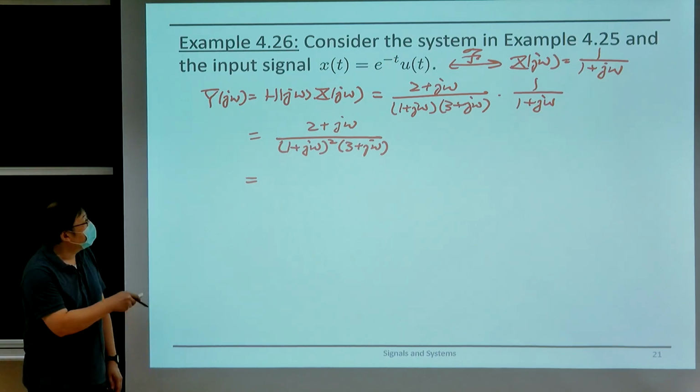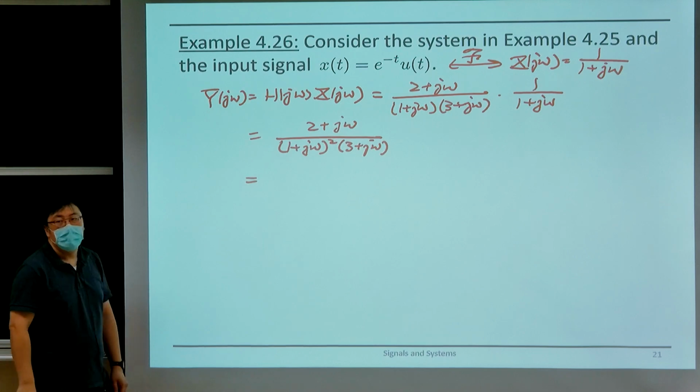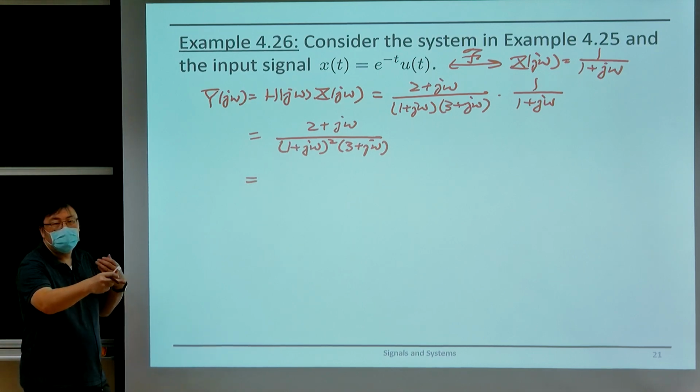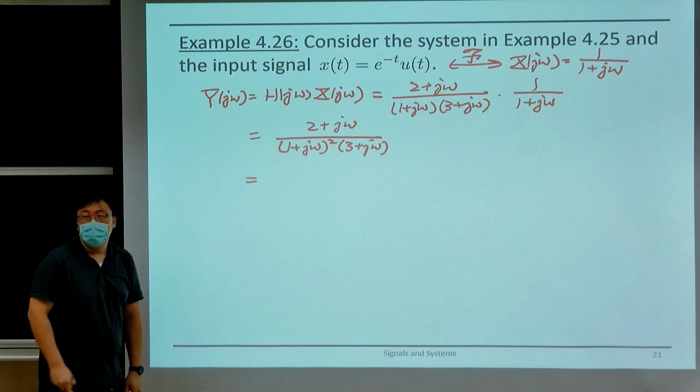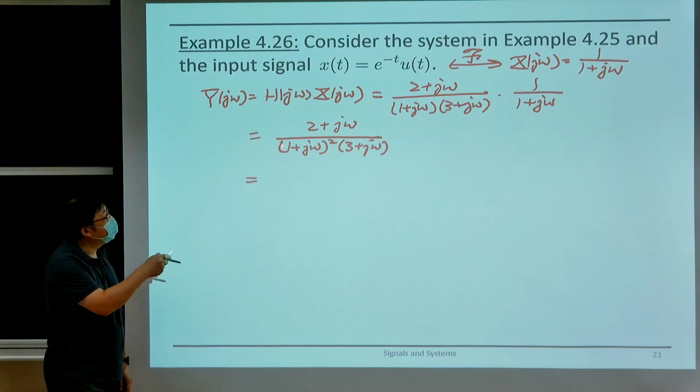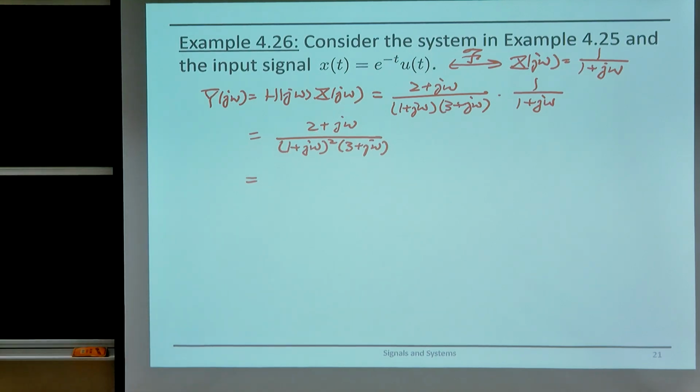Now, when you have a higher order term here, you need to split them into multiple terms, including all the lower order terms of this part. So this will now give you 3 terms. One is A1 over 1 plus j omega, plus A2 over (1 plus j omega) squared, plus A3 over 3 plus j omega.